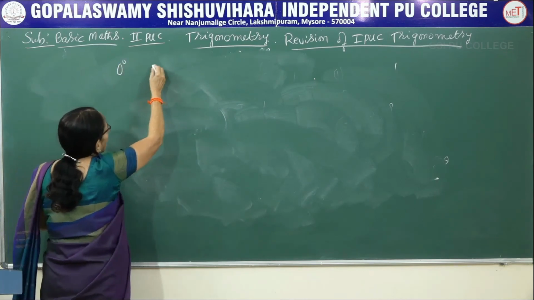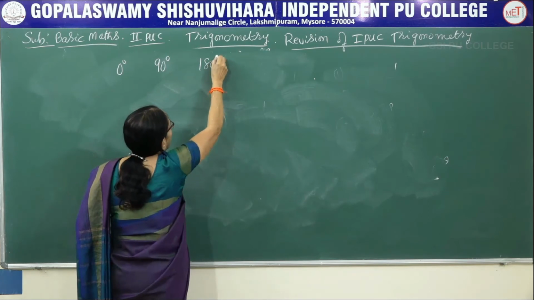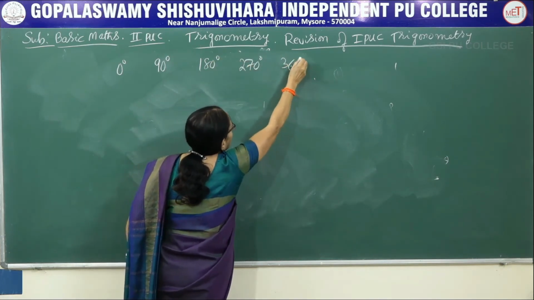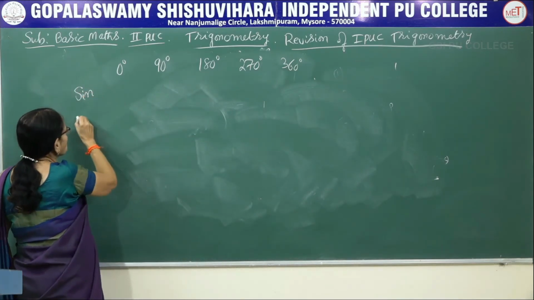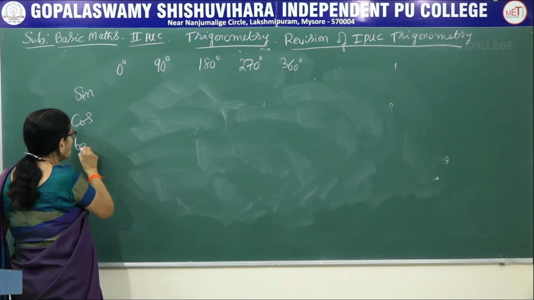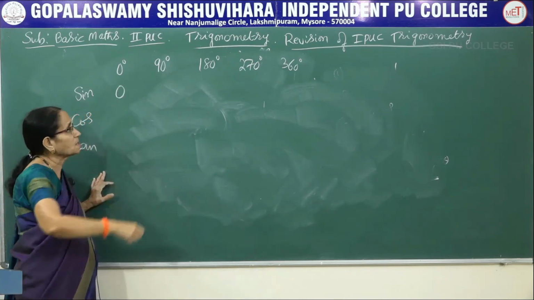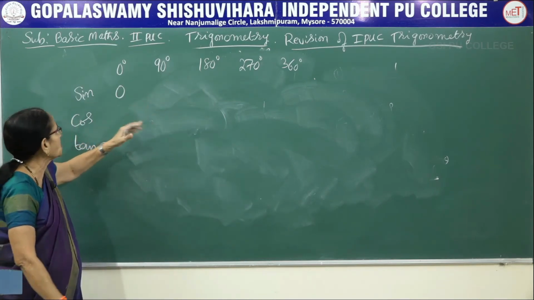So let me write that also in the form of a table: 0, 90, 180, 270 and 360 degrees. Now I am taking as usual only the three ratios: sine, cos and tan. For sine 0, I am not going into the details, I am giving the value directly because these have been done already in the first year PUC.